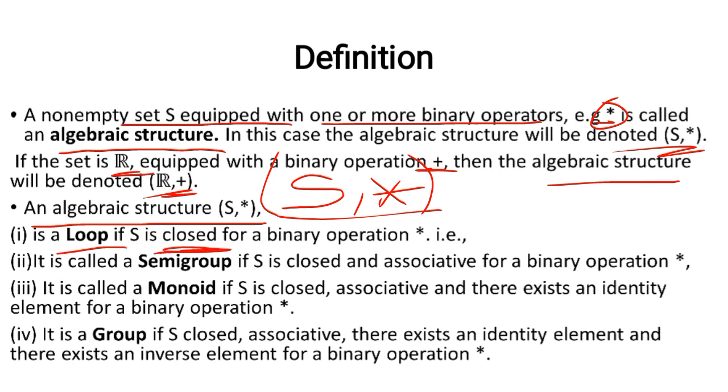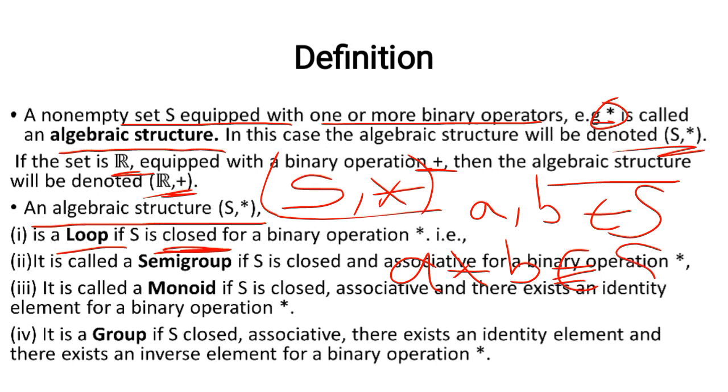That is, if I have elements A, B in my set S, and these two elements are related by the binary operation, the answer you get must be in the set S. If this holds, we say that the algebraic structure S under the binary operation asterisk is closed. That is, it is a loop. So it will be called a loop.